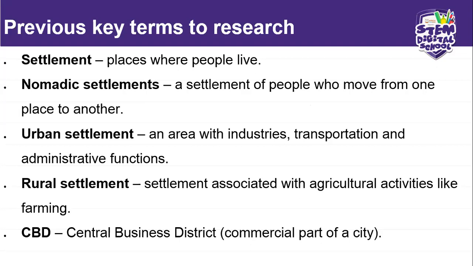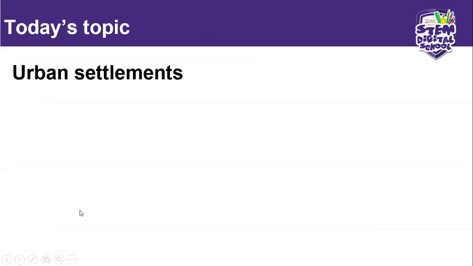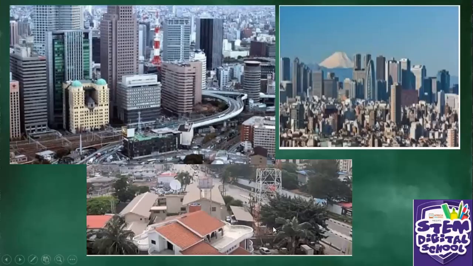So the reason why I said you should research, we're going to focus on these terms for today's topic. Let's move on. So today's topic, we're going to look at urban settlements. Here I put pictures of urban settlements. You can see here.